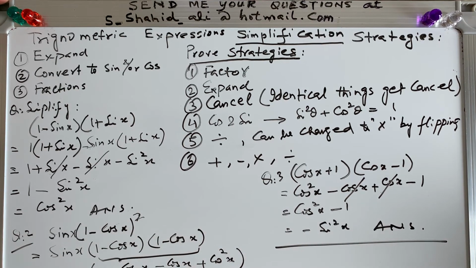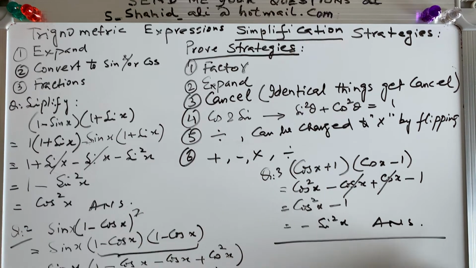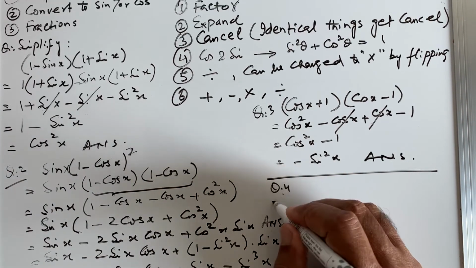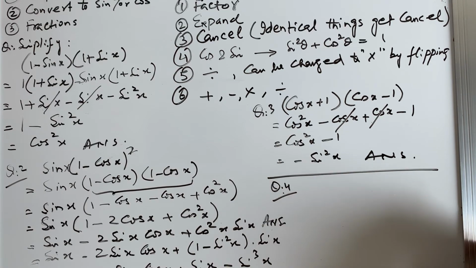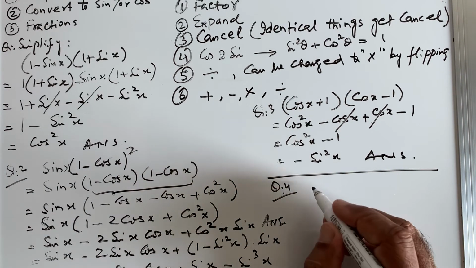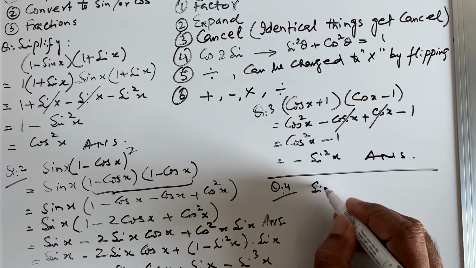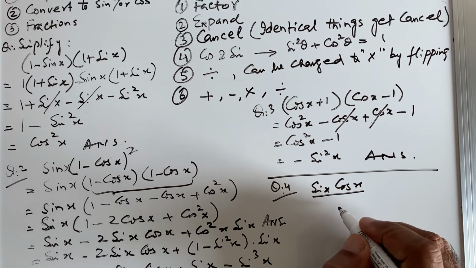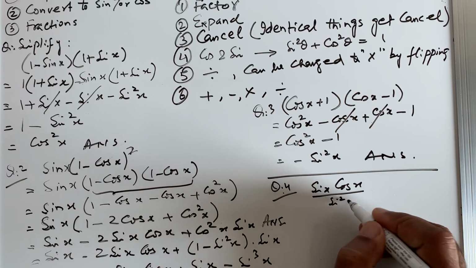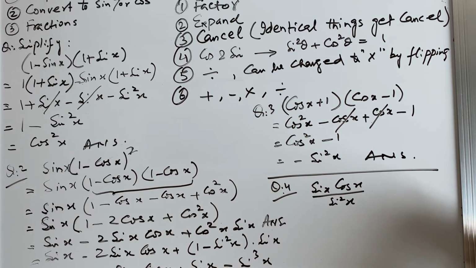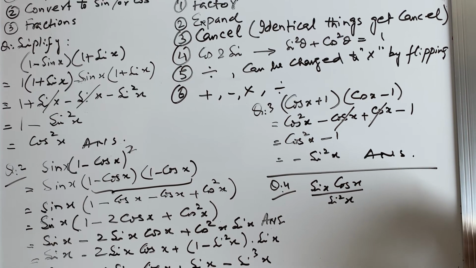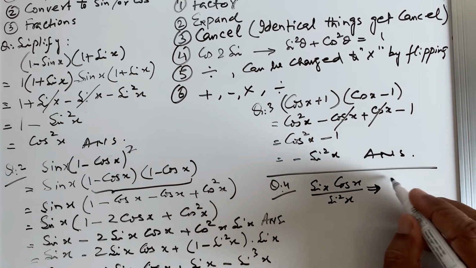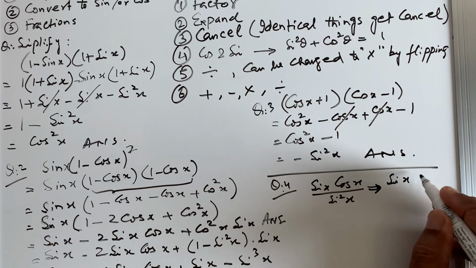Hope you understand this. It's simple, but a little bit tricky, right? So question number 4 is sin x cos x divided by sin square x. If you want to take advantage of sin square x, you can write sin square x as sin x times sin x, so the exponent rule applies here.